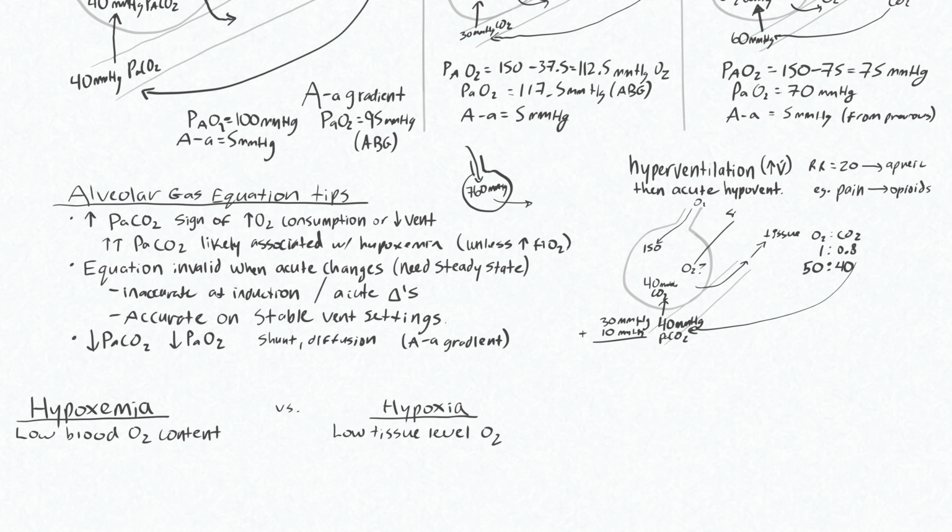So we can say that the O2 out was 50 millimeters of mercury. 150 minus that 50, so the 150 we brought in minus 50 is 100. So for calculating our AA gradient, we at least have our alveolar tension now that is supposedly 100 from our alveolar gas equation. Now we just need to invent a reasonable PaO2 for this guy.